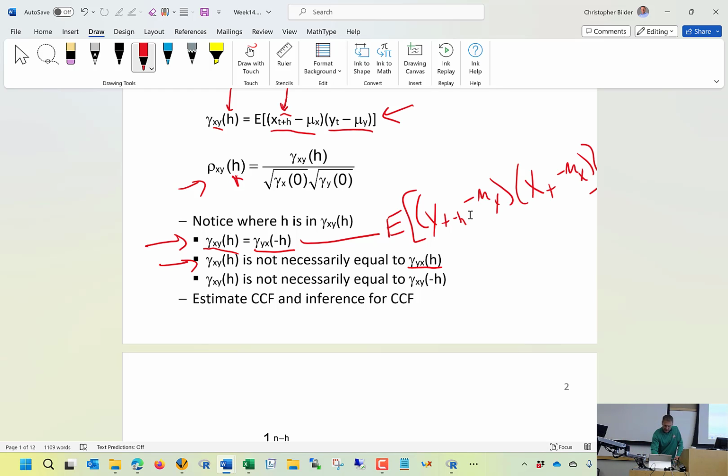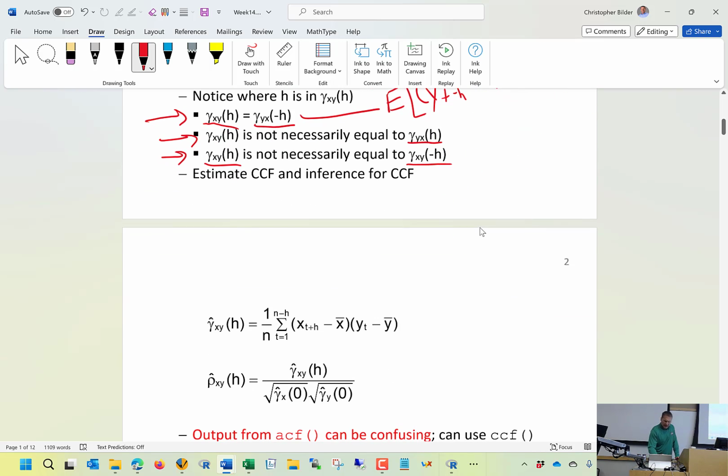And lastly, the cross-covariance function for x and y at lag h is not going to be the same as the cross-covariance function for x and y at negative h. Okay? Notice how that's a little bit different from what we saw with the autocovariance function when we use h or negative h.